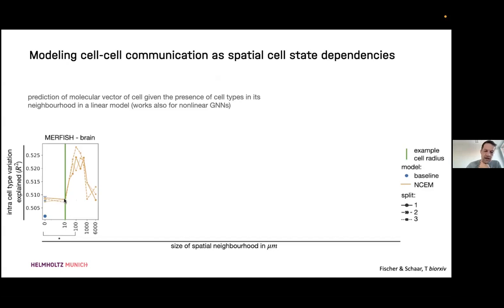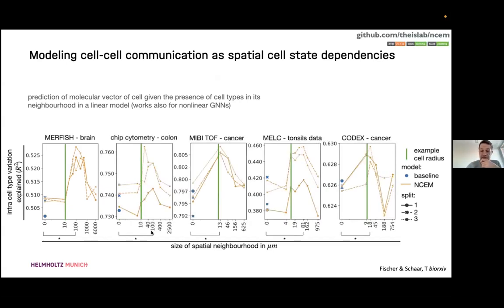What you see is that if you go a little bit beyond the typical cell size, in the region of 100 microns, there is most of the information, and it goes down again, which tells you that it seems to be picking up local order of gene interactions. And what's nice is that it's consistent across a whole bunch of different measurement techniques, and it always peaks at an interesting scale. And then you can learn something about interactions and so on.